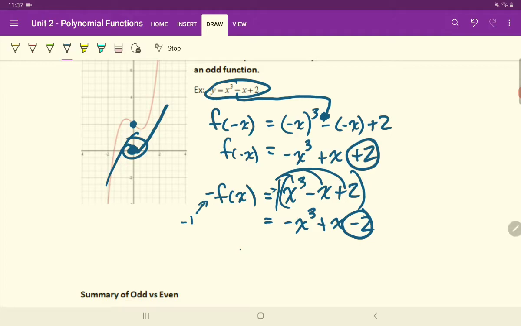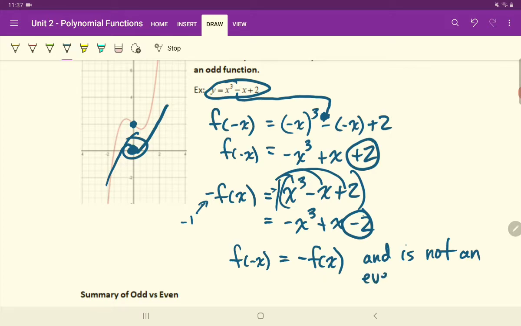But our conclusion would be that f of negative x does not equal negative f at x, and it's not an odd function. The question is, is it odd or even or neither? If f at negative x does not equal negative f at x, then we definitely do not have an odd function.